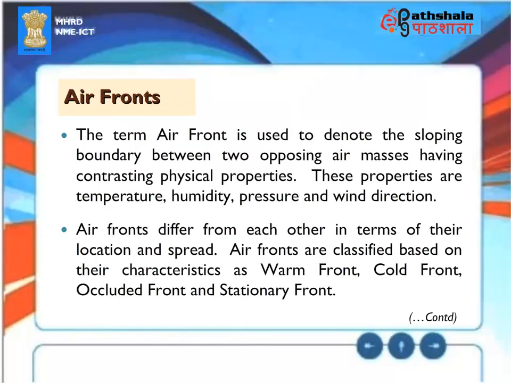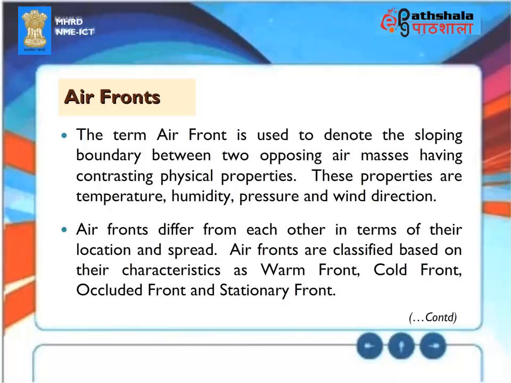Air fronts. The term air front is used to denote the sloping boundary between two opposing air masses having contrasting physical properties. These properties are temperature, humidity, pressure, and wind direction. Air fronts differ from each other in terms of their location and spread.